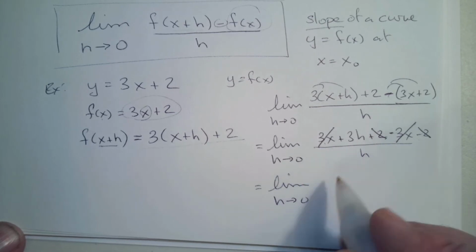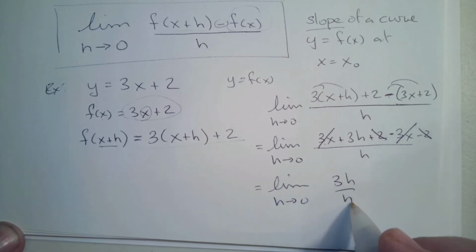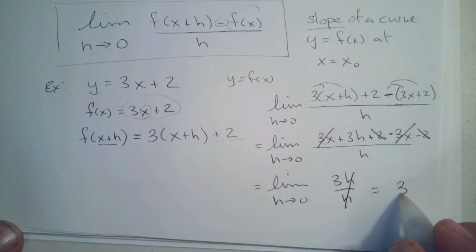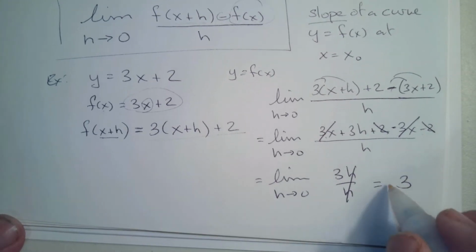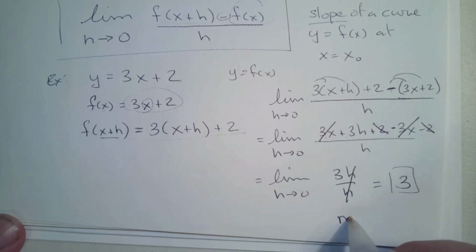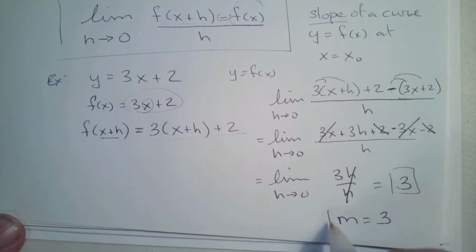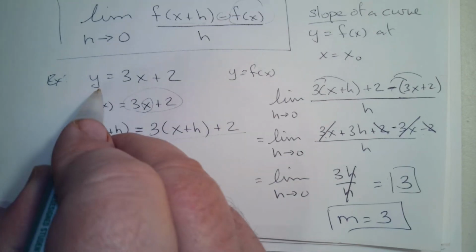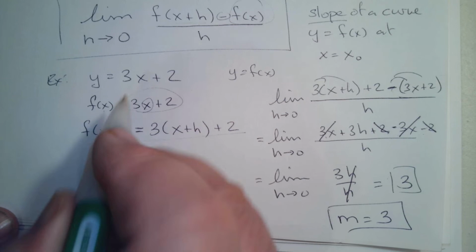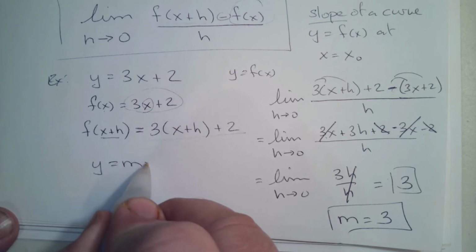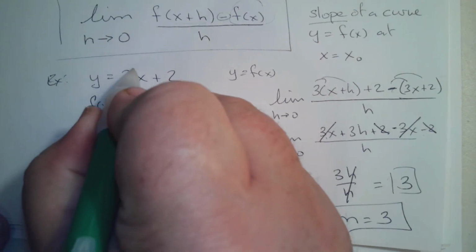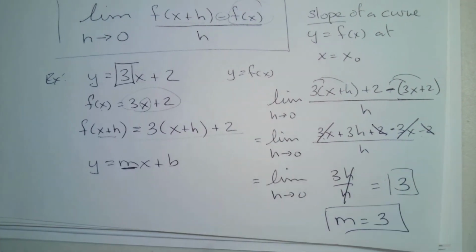We have 3h over h. The h's cancel, so we simply have 3. So what does this tell us? That's the slope. And sure enough, looking at our equation, we see this is a linear equation, y equals mx plus b. Whatever's in front of the x is your slope. So that's how you test it. That's how it works.